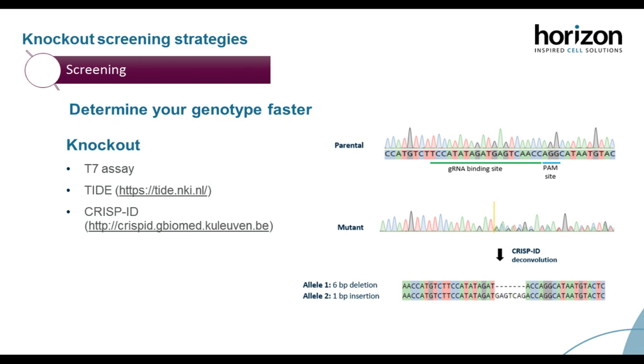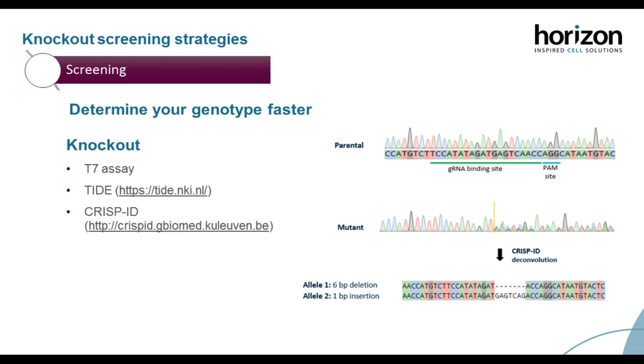And when we pass these sequencing traces through the CRISPR-ID algorithm, it spits out the modification that is in the two alleles. We can see here that on allele 1 we have a 6 base pair deletion, which is an in-frame deletion, and on allele 2 we have a 1 base pair insertion, which is an out-of-frame insertion.